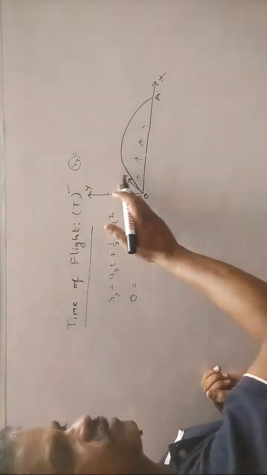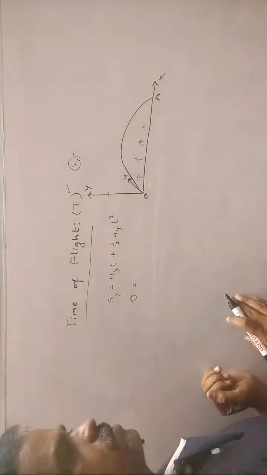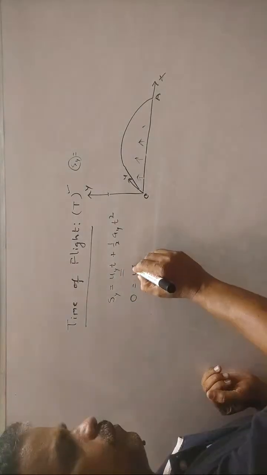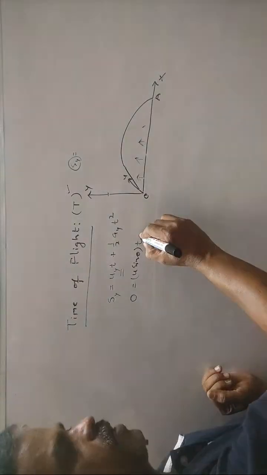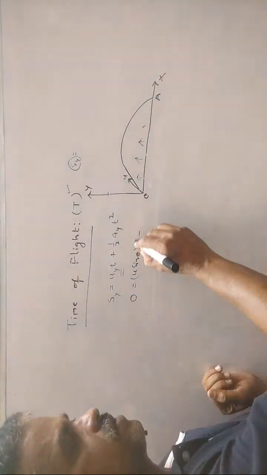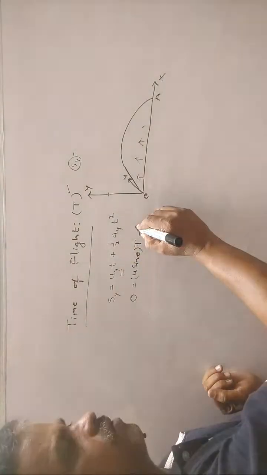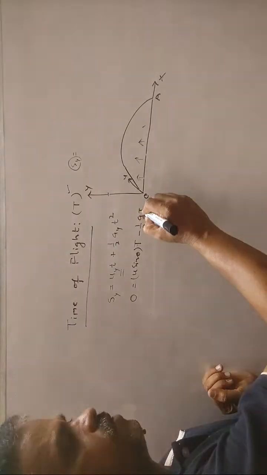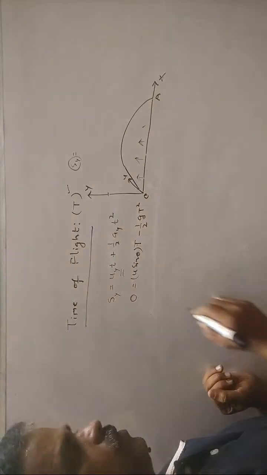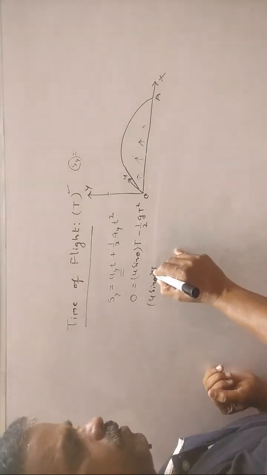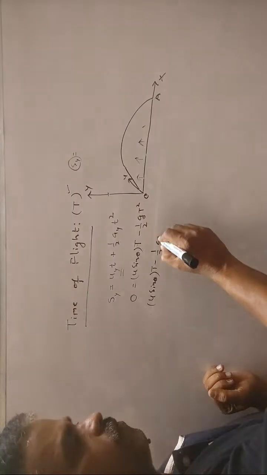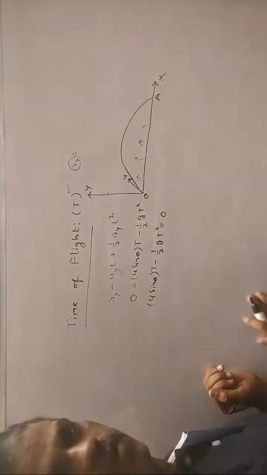It is not displacing on the y-axis. So u sin theta into T minus half gT square equal to 0.